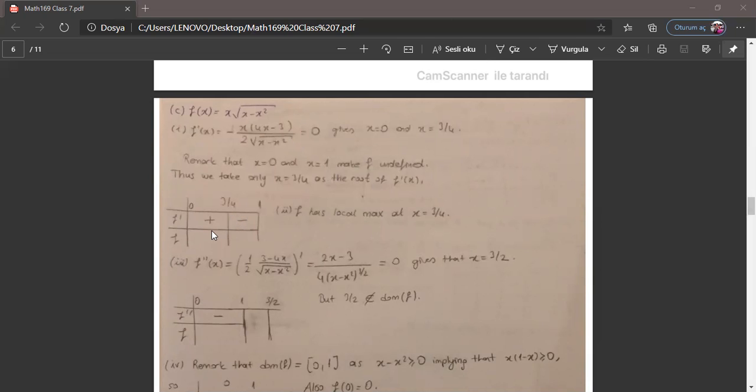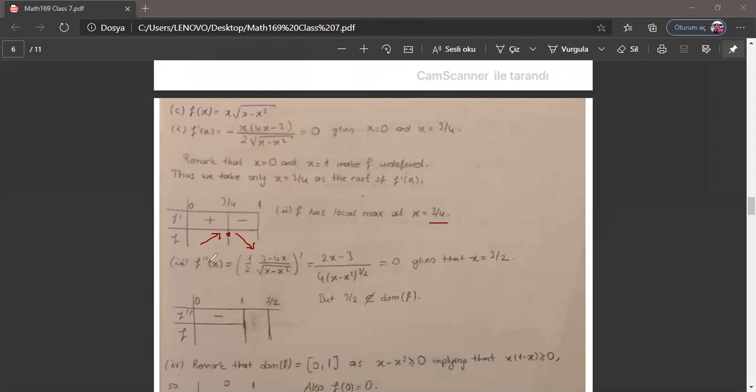So here we have again f prime positive, negative. You just pick some point from this interval and see if it's positive or negative. So you try that again. So here it is increasing on this interval and decreasing after 3/4. Now we note that it has a local max at this point, 3/4.